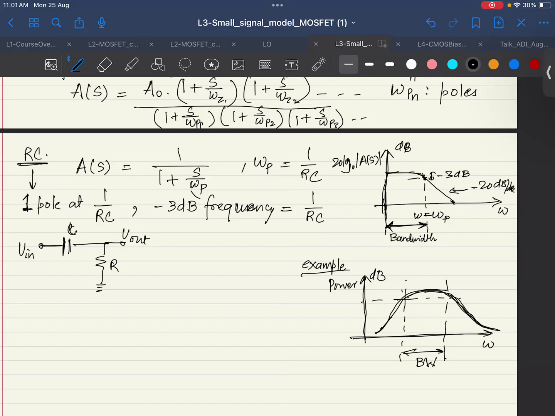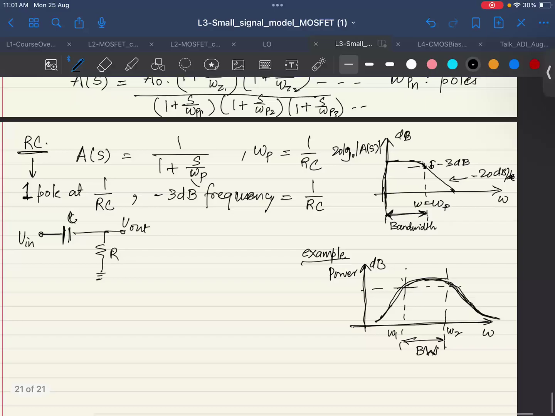Under this bandwidth only, between omega 1 and omega 2, you'll say that you're getting a particular fixed gain from the amplifier or whatever kind of circuit it is. There is a particular response of the circuit. So that is very important, because this bandwidth, as you saw in the time domain, this RC was referring to the time constant.